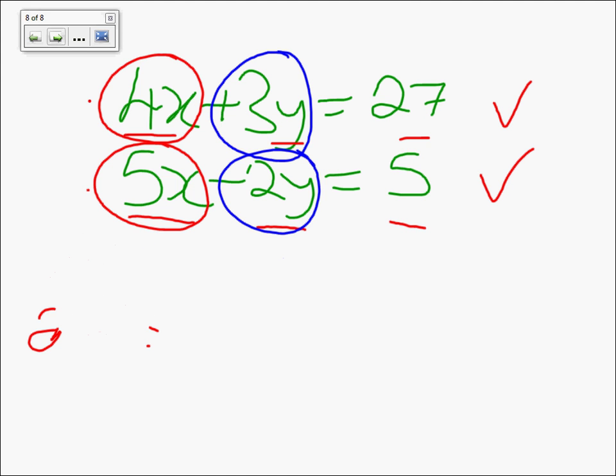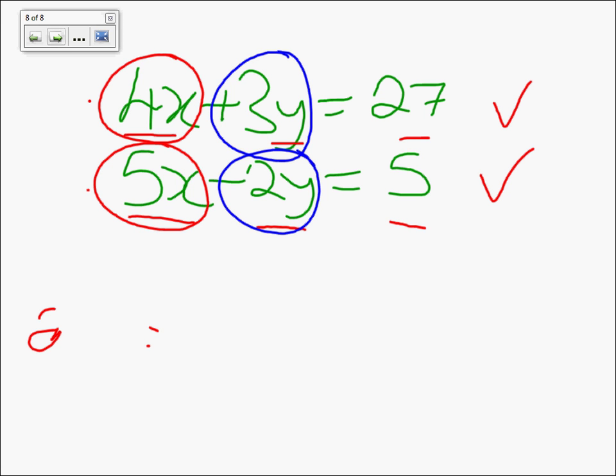Let's do this. I want to get rid of the terms in y. So I'll find a factor such that if I multiply by it, this number will become 6, and that will become 6.